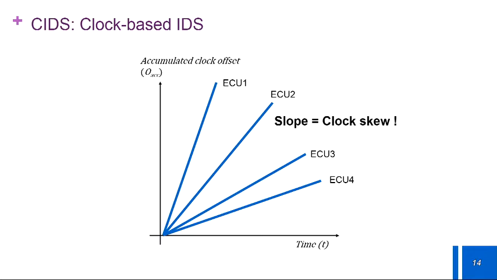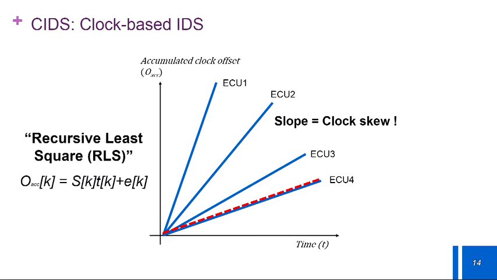If we monitor each message and draw a graph, messages sent by different transmitters would have different slopes. However, if two messages were sent by the same transmitter, we would have exactly the same linear model. You'll later see in the evaluation results that such a trend shows. We learn this linear model continuously using an algorithm called recursive least squares.